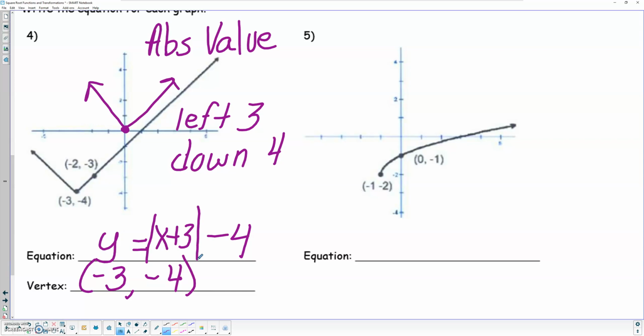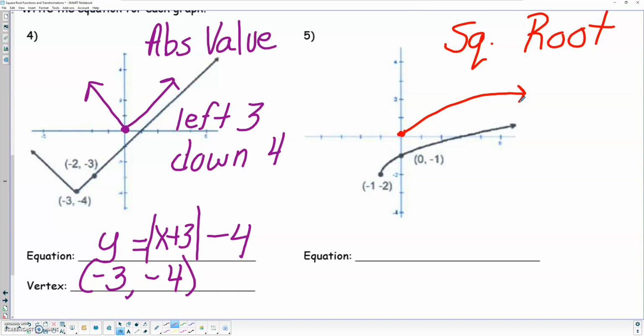Okay? Number 5, okay, so you should recognize based on the shape that this is the square root function. Okay, so here we know that the square root function, the parent graph, looks like this, right? So here we're shifting left 1 and down 2.